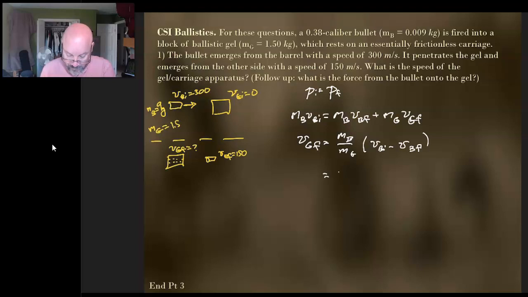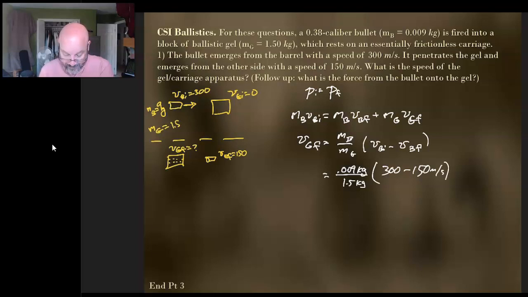The mass of our bullet is very small, 0.009 kilograms. The mass of our gel is 1.5 kilograms. Our initial velocity for the bullet is 300, and then finally we have 150 meters per second.